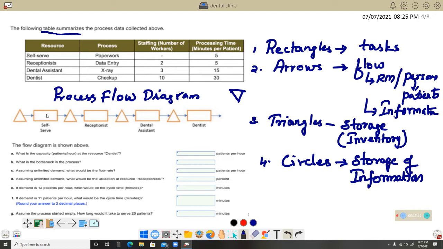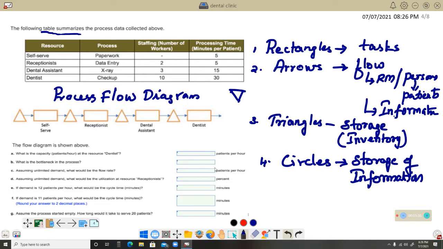So you can see the diagram is represented over here. This is the way we go with. And some of the major questions you can see over here: what is the capacity in patients per hour at the resource dentist? What is the bottleneck in the process, etc.? A lot of questions are there. Assume that the process starts empty. How long would it take to serve 20 patients?